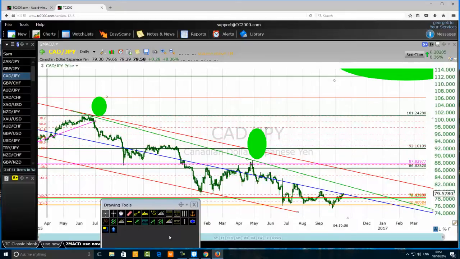If we are looking for a signal on a daily chart, a simple way is to allow it to go above that green trend line and to pull back and retest it and to find a support and to see at least one first bullish candle on a daily chart. That will constitute the bullish signal for us on a daily chart.